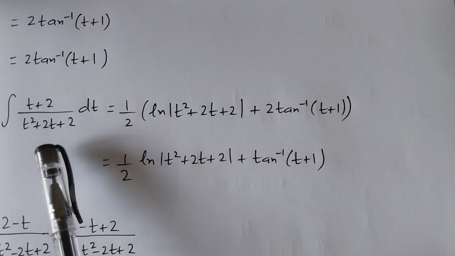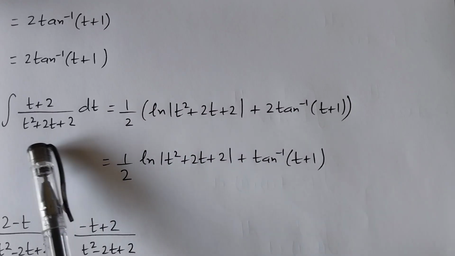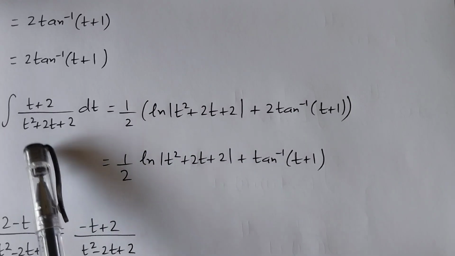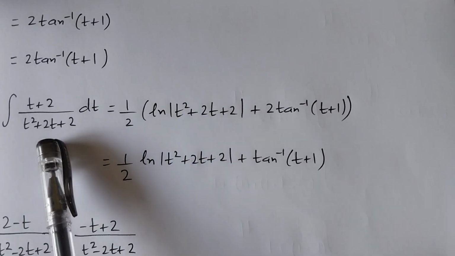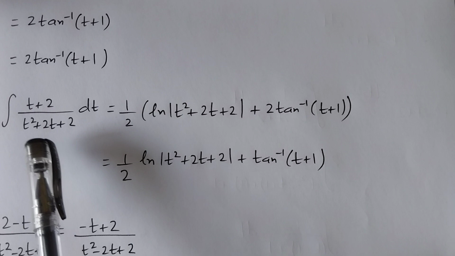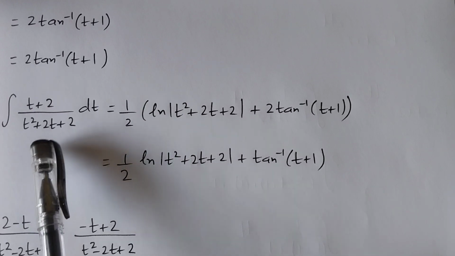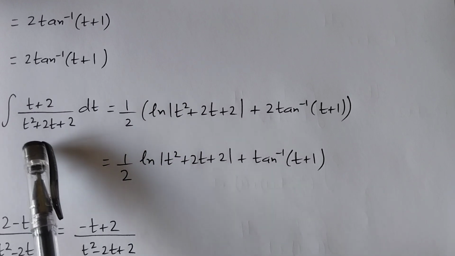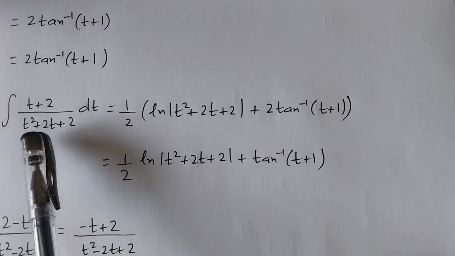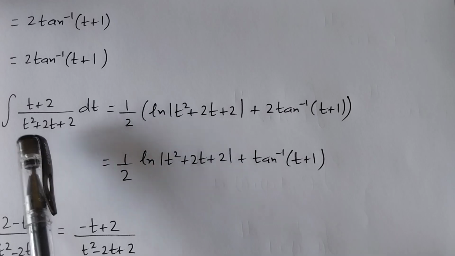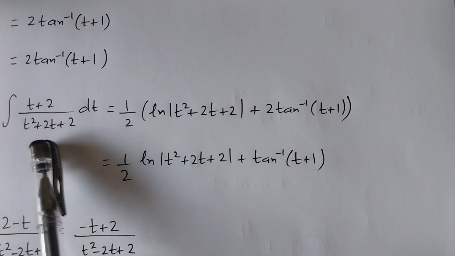So this is the integral of this thing. And if you remember, we had a similar looking expression whose antiderivative we also need to find, because our required integral was a combination of these two integrals.